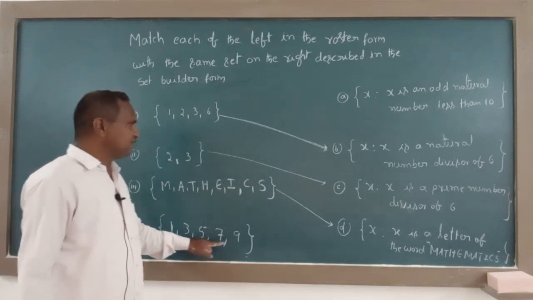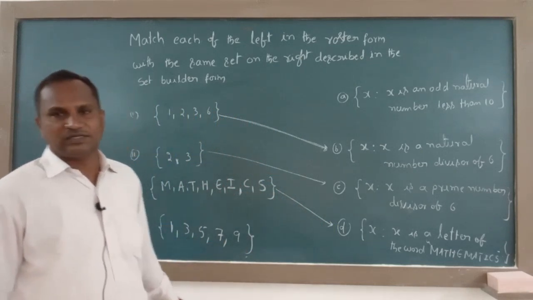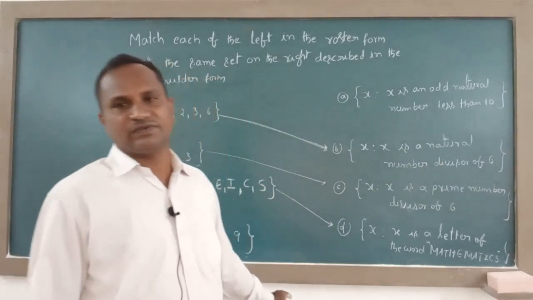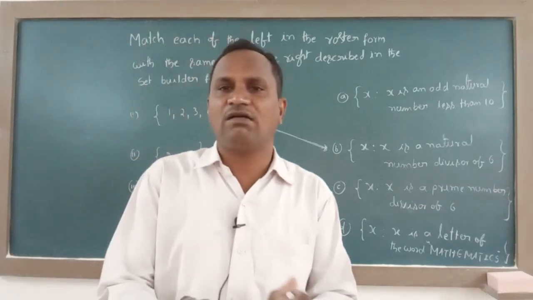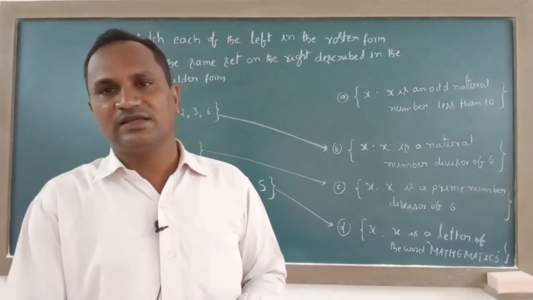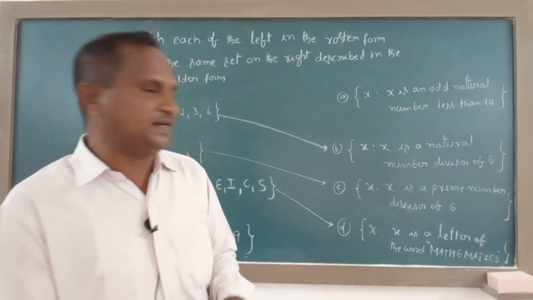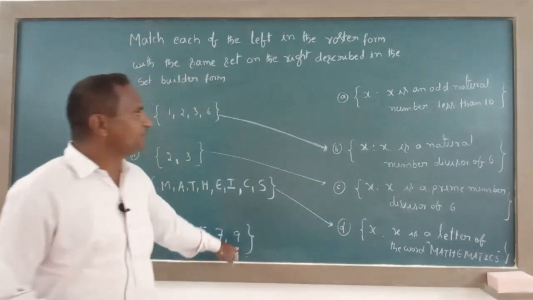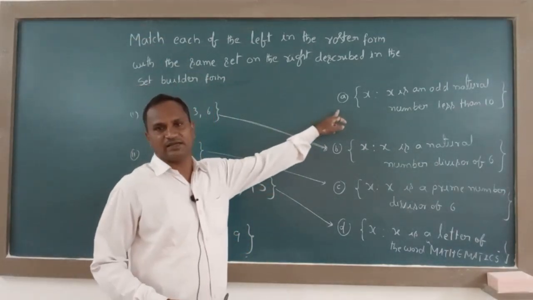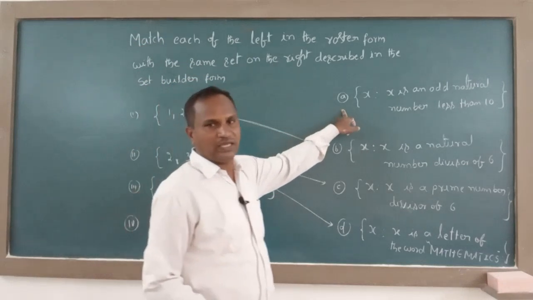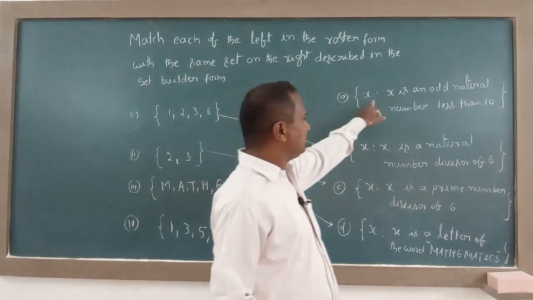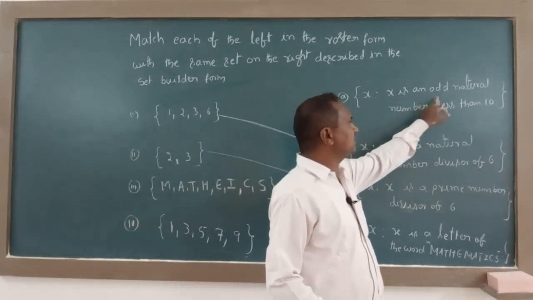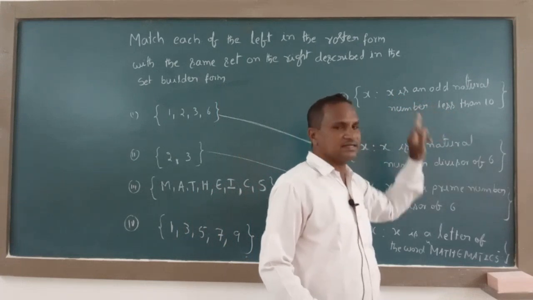1, 3, 5, 7, 9. If you observe 1, 3, 5, 7, 9, these are all odd natural numbers. Are they mapped with the first one, A, or not? In A, they mentioned X is such that X is an odd natural number less than 10.